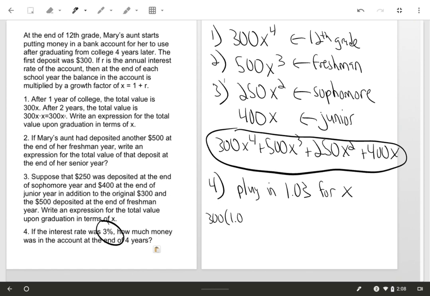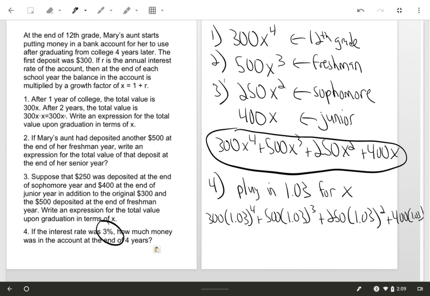300x to the fourth plus 500x cubed plus 250x squared plus 400x.